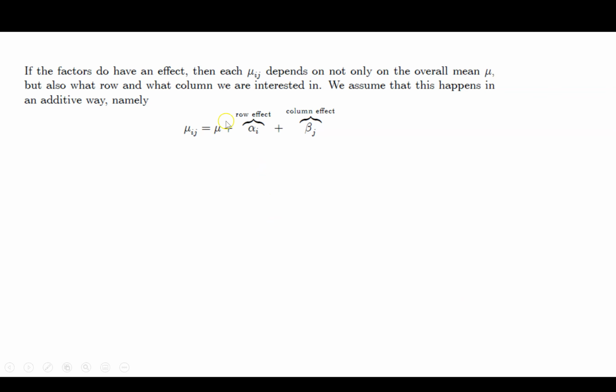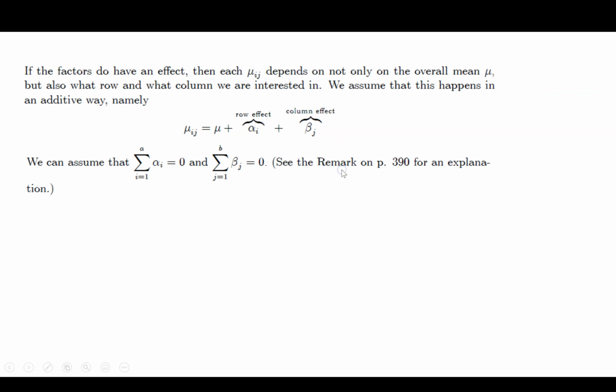So this mu represents our overall mean, the alpha sub i represents the effect of being in row factor i, and the beta sub j represents the overall effect of being in column factor j. We could assume that if we sum up all of the row effects, that should be 0, and if we sum up all of the column effects, that should be 0.